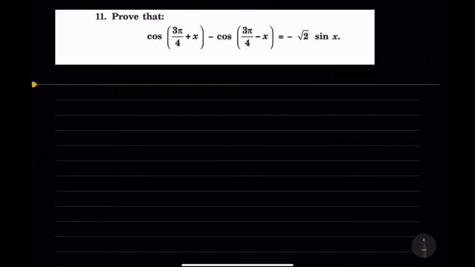Now going into the 11th one, prove that cos of (3 pi by 4 plus x) minus cos of (3 pi by 4 minus x) is equal to minus root 2 sin x.